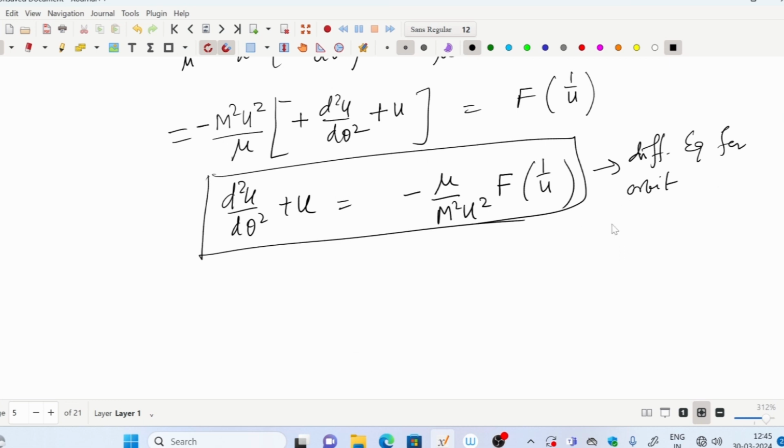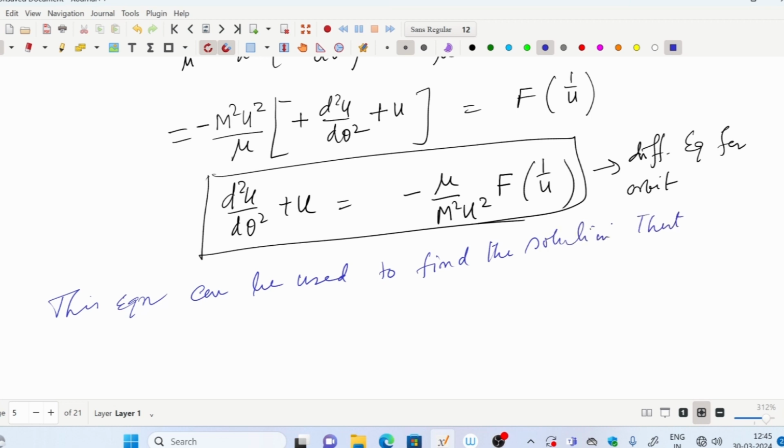This equation, later we will see, can be used to find the solution, that is r or u in terms of time.